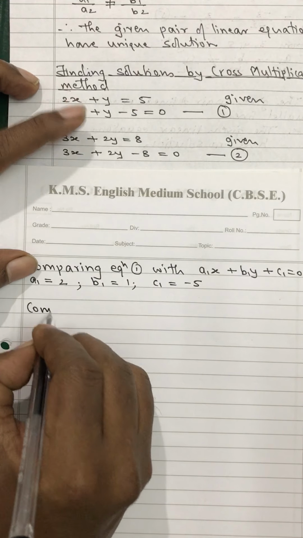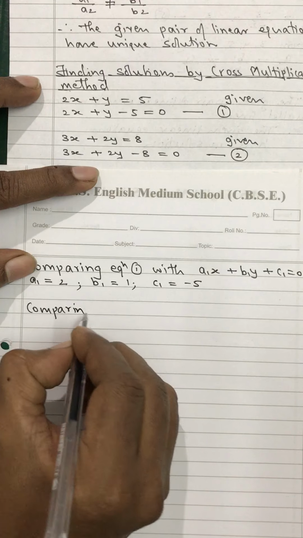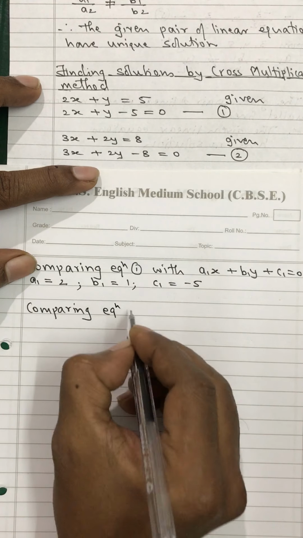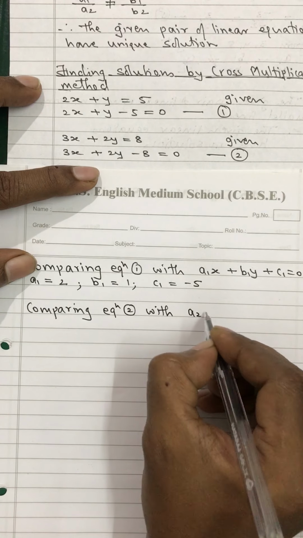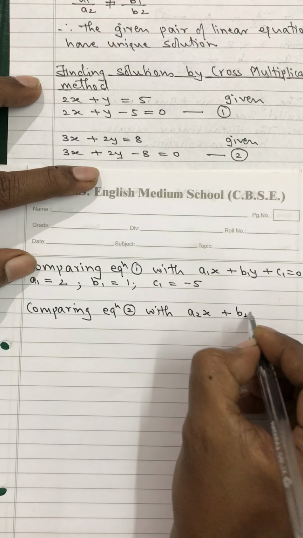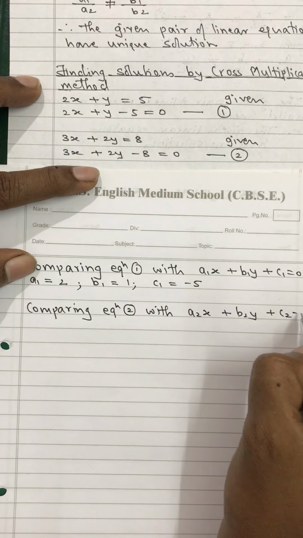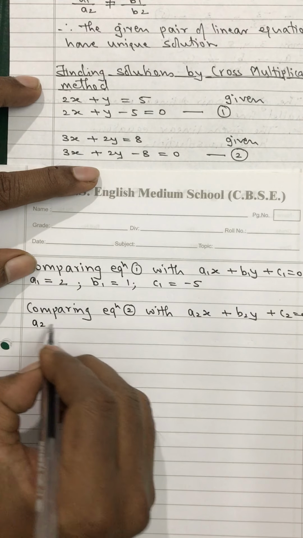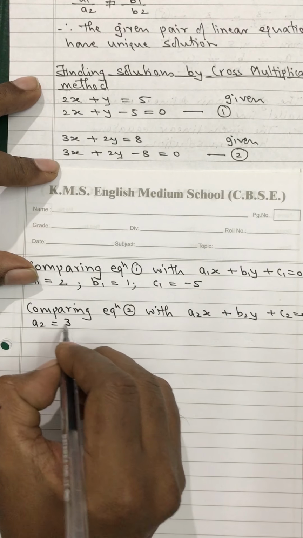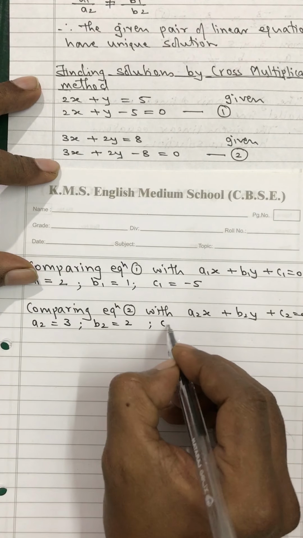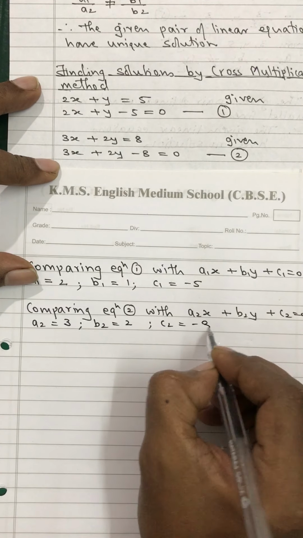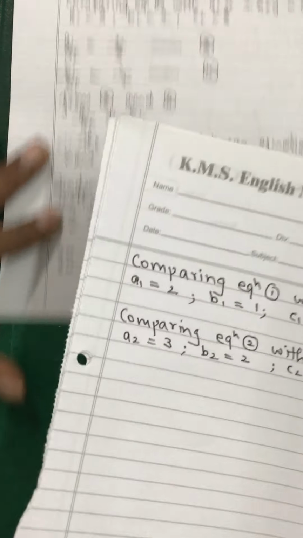Similarly, comparing equation 2 with a2x plus b2y plus c2 is equal to 0, I get a2 is equal to 3, b2 is equal to 2 and c2 is equal to minus 8. Okay, this is what I have got.